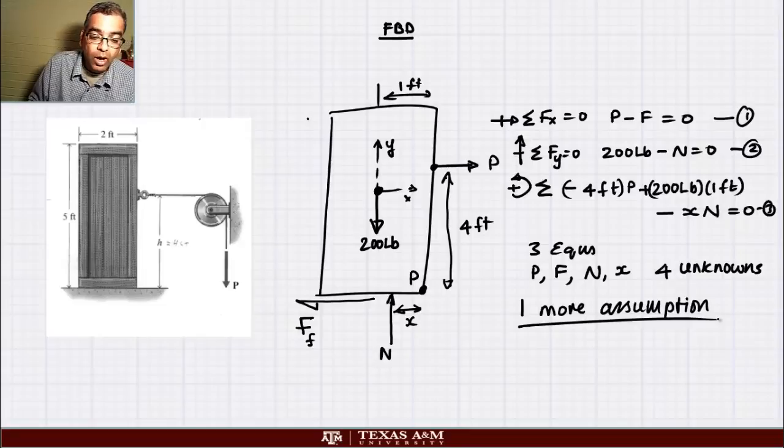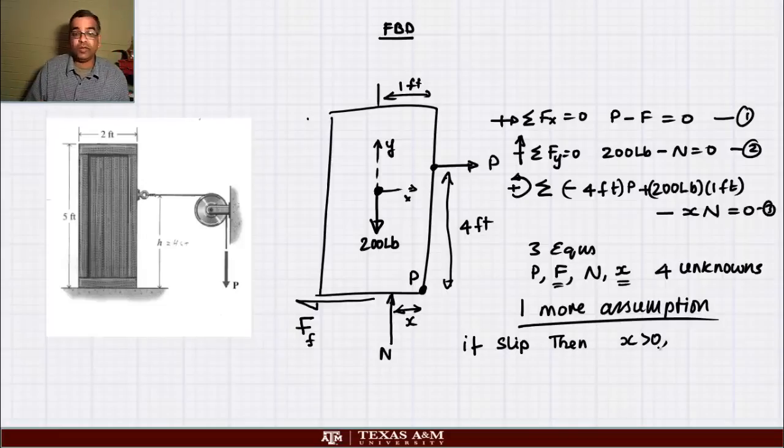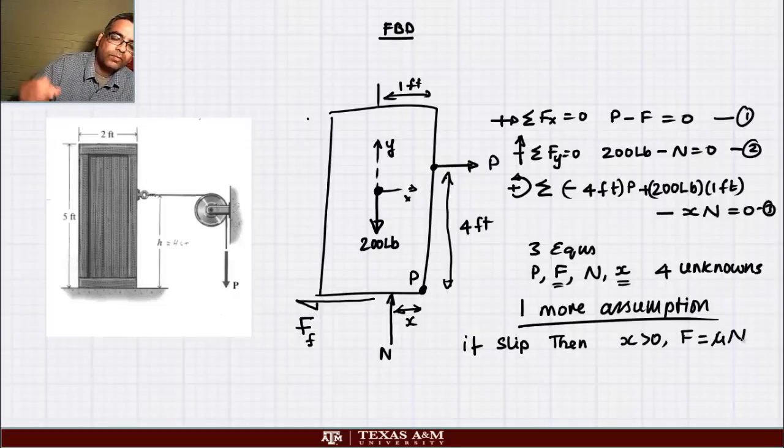So our assumption, you cannot both assume something for x and F. We have to pick one of them. So we're going to assume if there is slip, then x is greater than 0. That's what it means. x cannot be 0, and F equal to mu times normal.